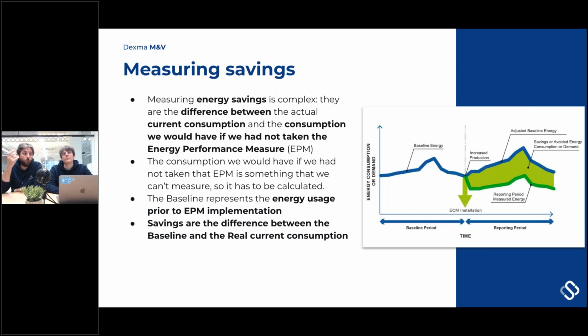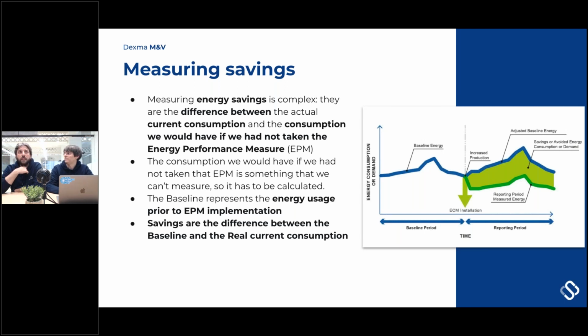But which would be the consumption if that measure was not in place? That's the baseline. That's the tricky part and the most important part of the measuring and verification process: to create that baseline, that reference consumption. This is what we will explain today and show you how to do.